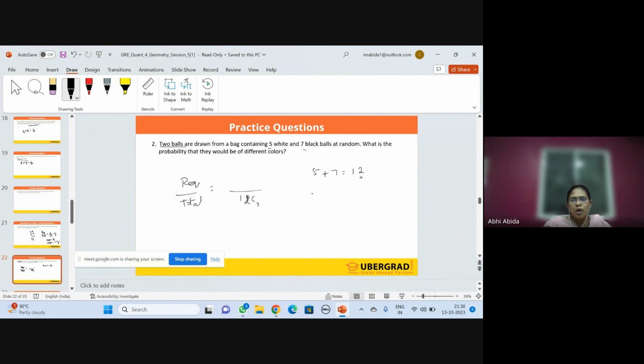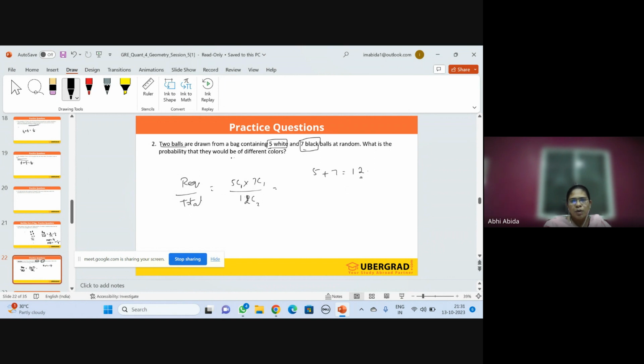Required. So what will be the required one? Required is one ball should be from white. White are 5 balls, so 5C1. And one ball should be from black. Black are 7 balls, 7C1.